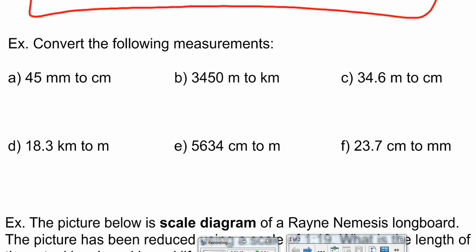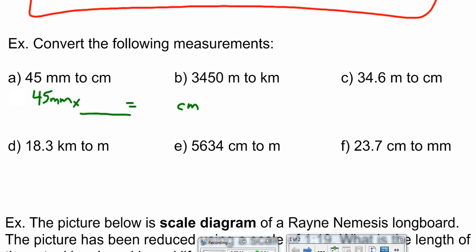So we have 45 millimeters, and we want to turn it into a measurement in centimeters. And so we need to set up our ratio in such a way that when we multiply it, millimeters cancels out. So the millimeters needs to go on the bottom.